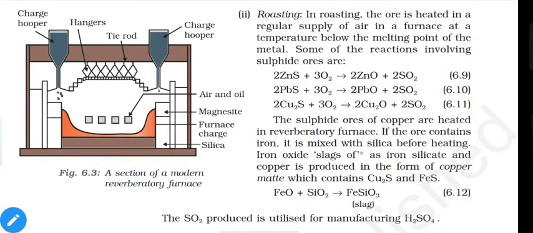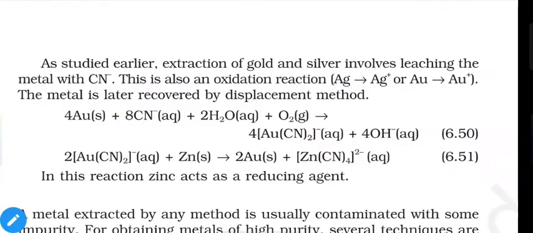Now slag compounds are generally lightweight, so when we melt all of this mixture, slag will float on the molten mixture, so we can remove it from the remaining compound. So slag is one type of impurity removal process. Slags are generally lightweight compounds, so they float on the molten mixture.